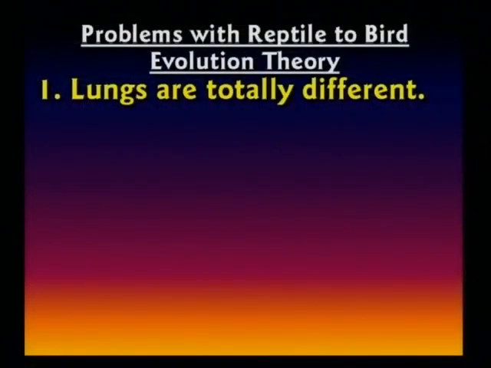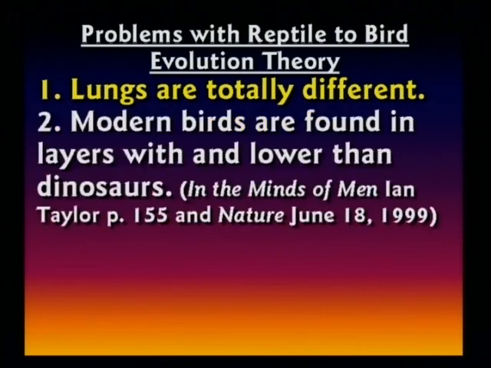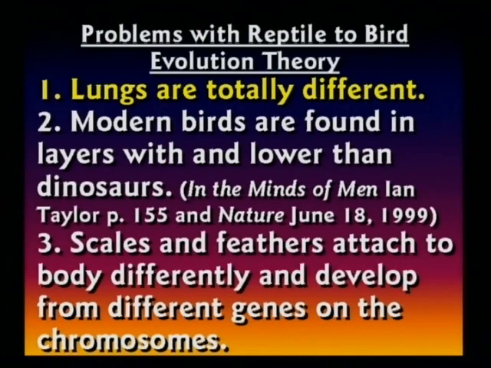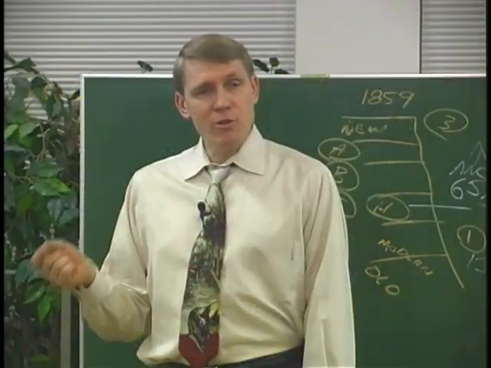Modern birds are found in layers lower than dinosaurs. I mean, according to them, dinosaurs died out 65 million years ago. Yet they're saying we've got birds 130 million years old, 140 million. How can dinosaurs turn to birds when birds are there before dinosaurs were even gone? Scales and feathers attach to the body very differently, and they develop from different genes on the chromosomes.